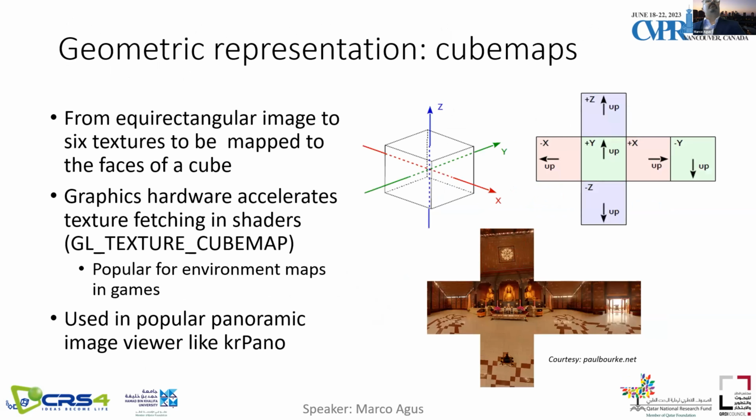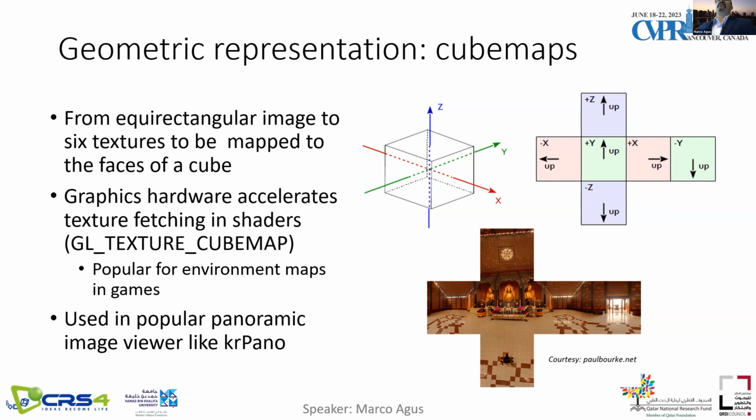And another very popular representation used in popular panoramic viewers like Krpano consists of converting this equirectangular image to a cube map, so to a cube representation with 6 faces.